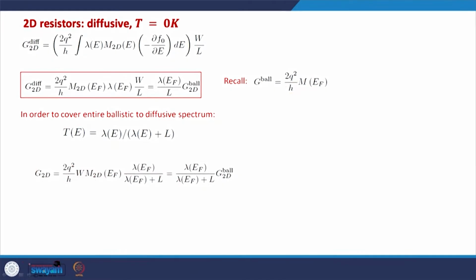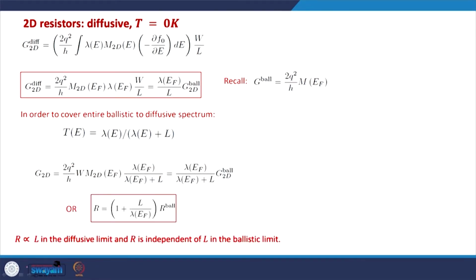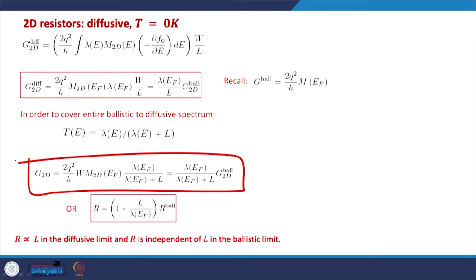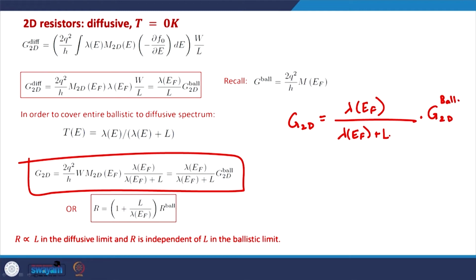Okay. So as always, the calculations at T equal to 0 Kelvin are not difficult, and this is how it would look. We can also write it down as G2D is lambda EF divided by lambda EF plus L times the G2D ballistic conductance.